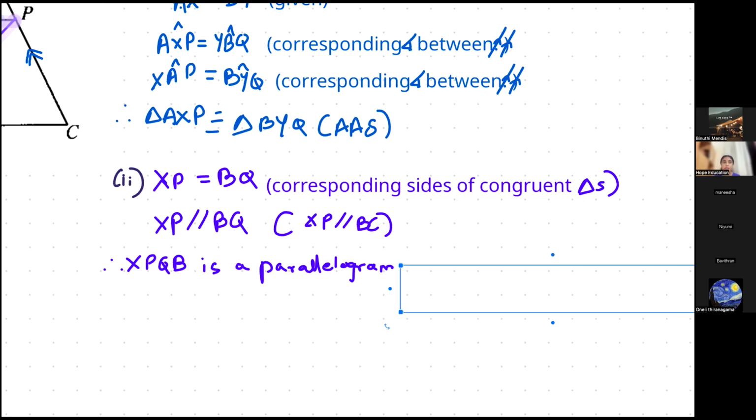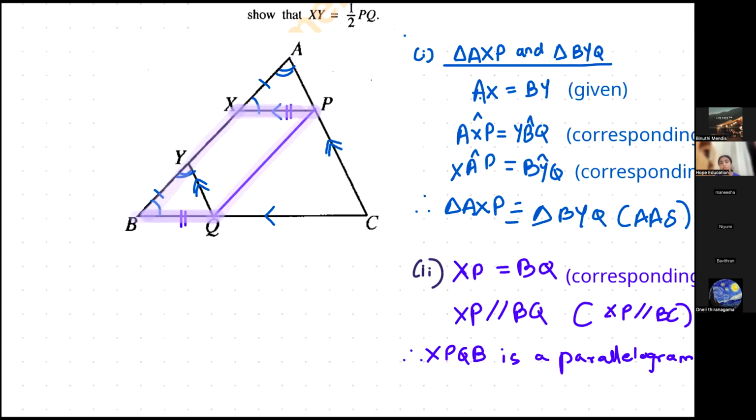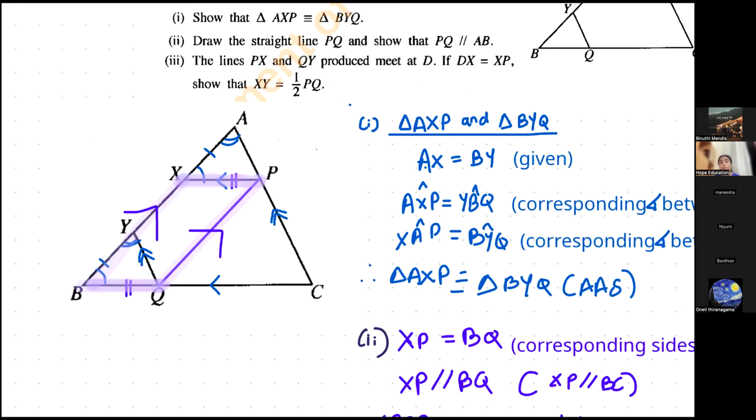Okay. Then what can we say next? Since it's a parallelogram, it's pretty obvious that this side and this side are parallel. That is what we were asked: PQ and AB parallel. So we can say that the side PQ and this side are parallel.